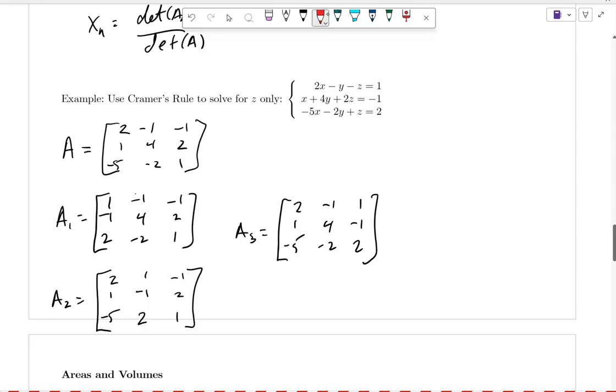Yeah, okay. So again, here's A1. We take out column 1 and replace it with the B. Here's A2. You take out column 2 and replace it with the B. Here's A3. You take out column 3 and replace it with the B.